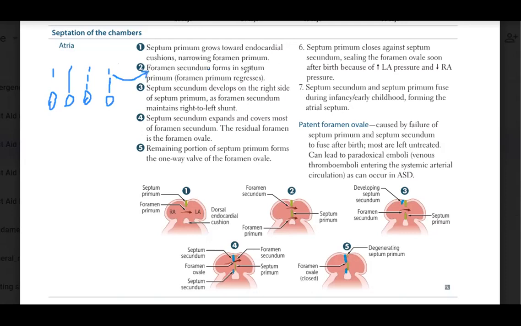Okay, so foramen secundum forms in septum primum. So this is true, right? Because the perforations are present in the primum. And the foramen primum regresses later on, as I showed you in the picture. The foramen primum regresses because the endocardial cushion will move up in the picture. Over here, the endocardial cushion will move up.